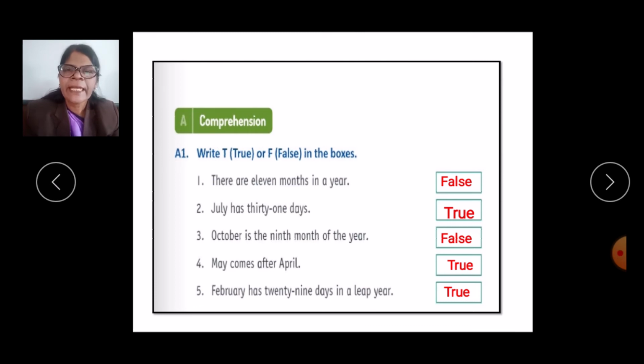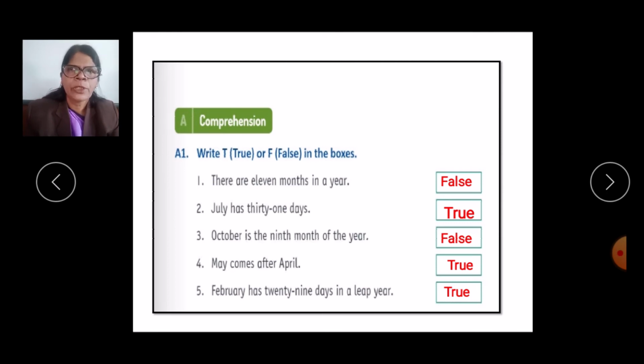It is written here 11, so it is false. July has 31 days. Yes, so it is true. October is the 9th month of the year. False. May comes after April. True. February has 29 days in a leap year. We have already seen February has 29 days in a leap year.